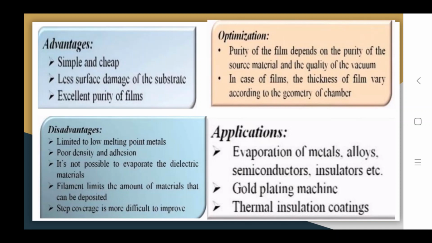Then optimization: the purity of the film depends on the purity of the source material and the quality of the vacuum. In the case of films, the thickness of films varies according to the geometry of the chamber. The source or precursor material we take depends upon the purity. If that material itself is impure, then the impurity also comes into vapor form and will deposit on the substrate, so we will not get the exact property we want. The thickness varies according to chamber geometry because it depends upon the vacuum.